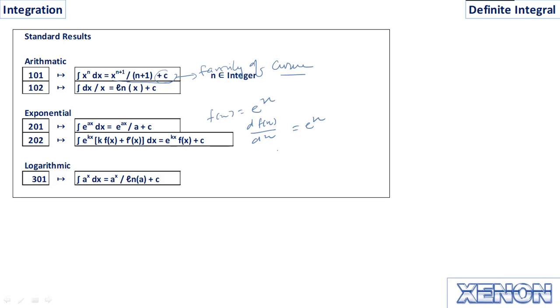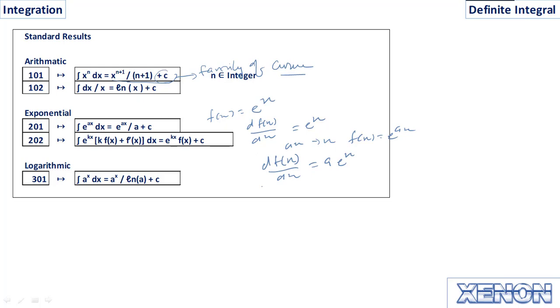When we put ax in place of x, we will be getting d of f(x) upon dx equals a e to the power ax, right? So f(x) equals e to the power ax in this case. So df upon dx is a e to the power ax, right?